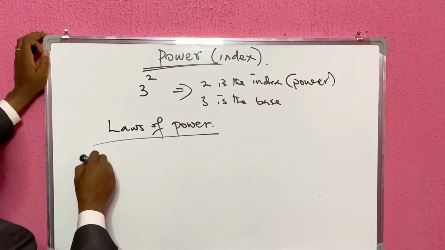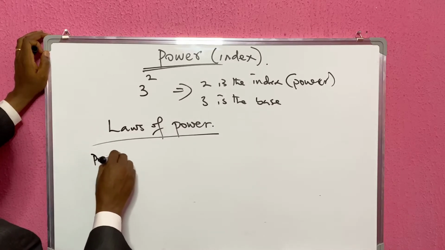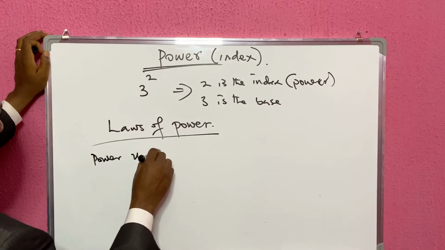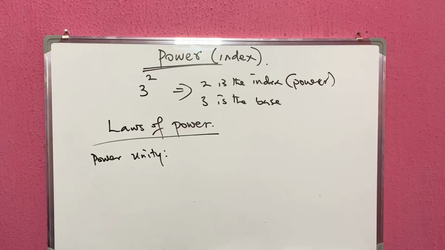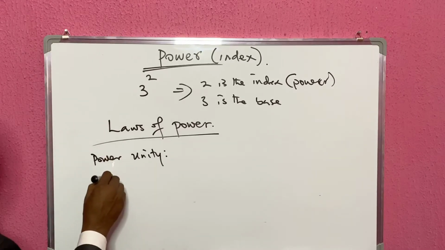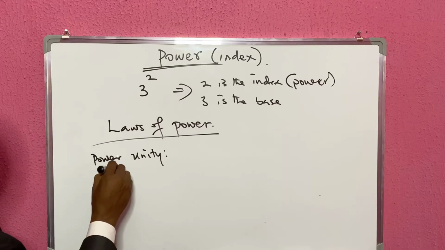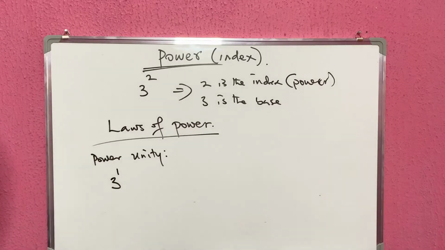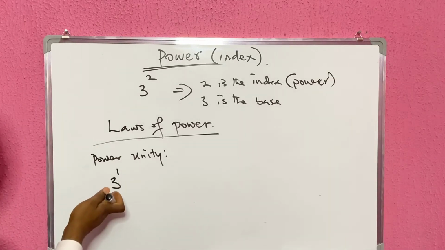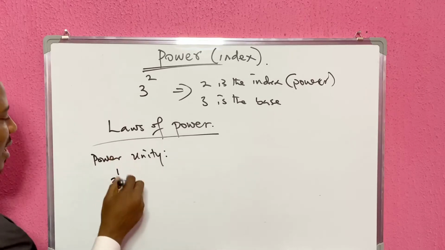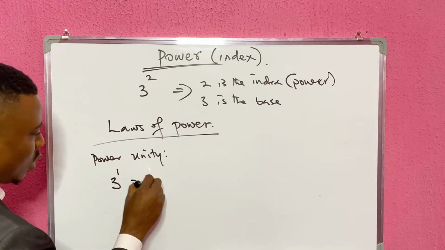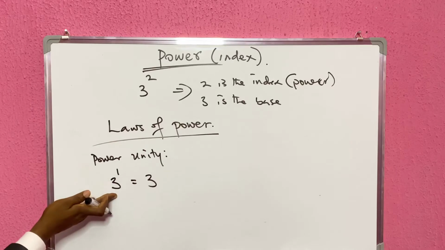We have power unity. That is anything raised to power 1. If a whole number is raised to power 1, it gives us back that whole number at all time.